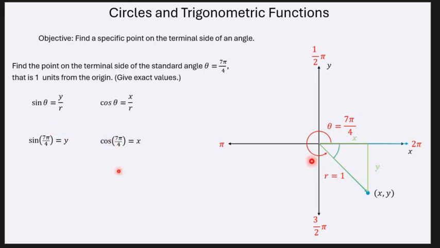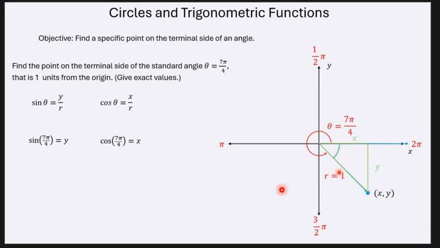I'm going to look for this little angle here, which is the acute angle in my triangle. To find that acute angle, I would look at a full revolution, 2 pi radians, and subtract away that green part from it.